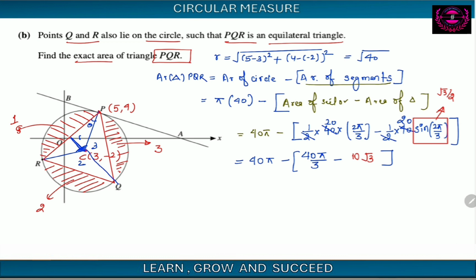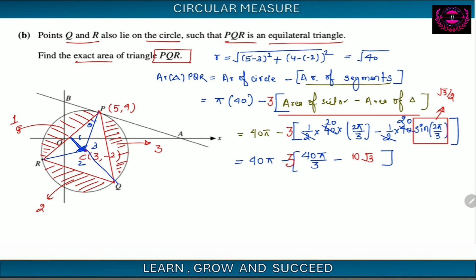okay, wait, this is the area of just one segment. This is the area of one segment, and we have to find the area of three segments. So I will multiply it by 3. Here also I will multiply it by 3 and 3.